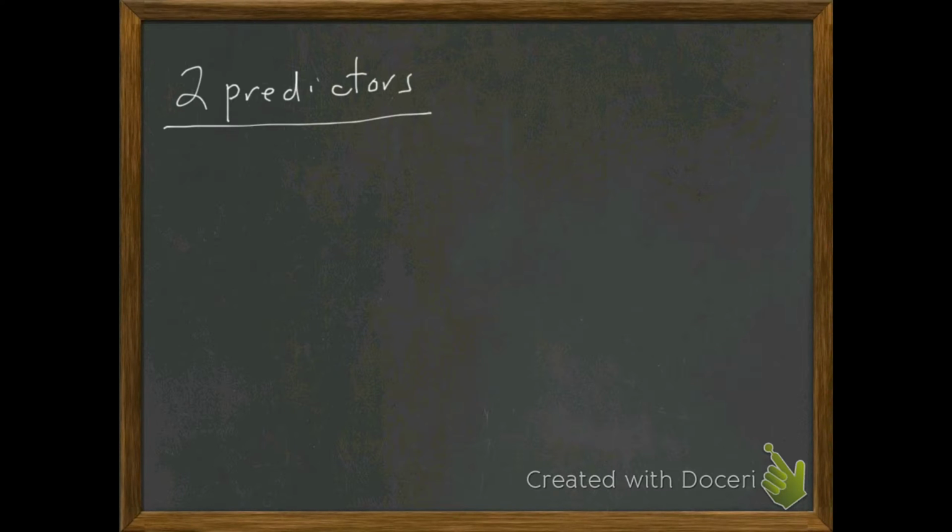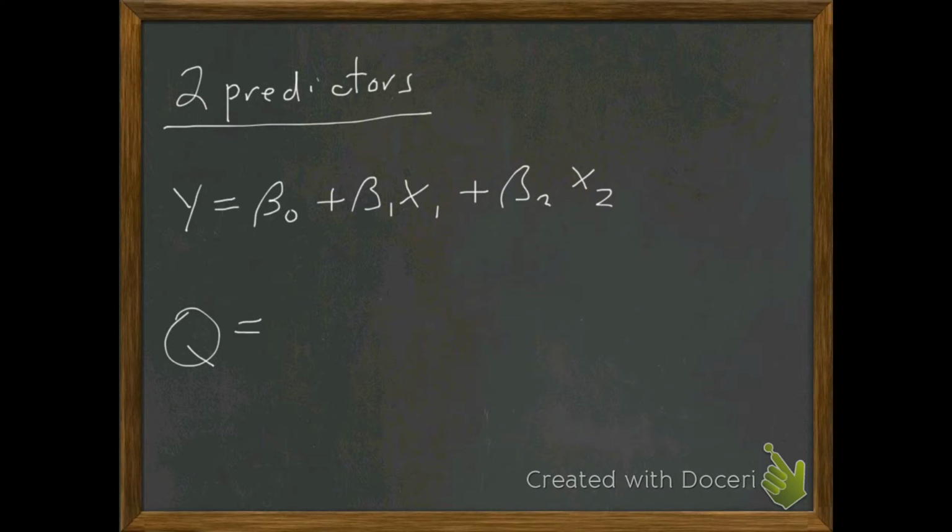So if we have two predictors, ultimately we're trying to go y equals beta 0 plus beta 1 x1 plus beta 2 x2. So, if we have this, first of all, what's Q going to look like? Well, we're going to try to minimize the sum of the vertical distances squared. I'm not even going to attempt to draw that.